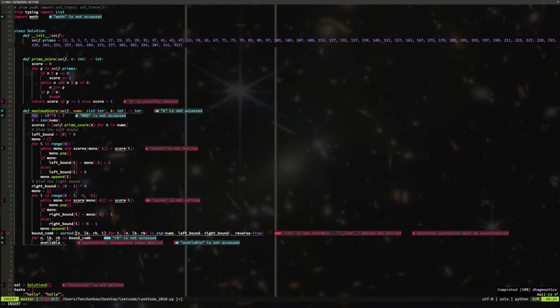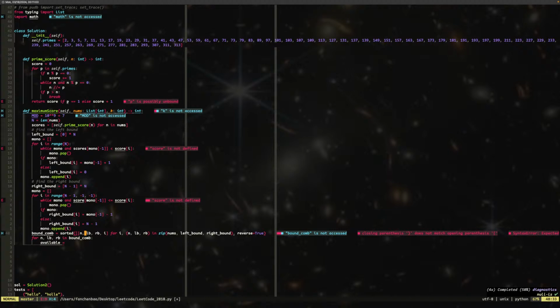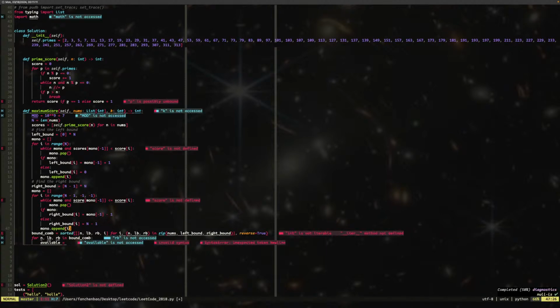Oh, this is complex. It's very complex. So we're gonna do all this, and this. Int is not iterable. Of course it's not, because I forgot to say in enumerate.